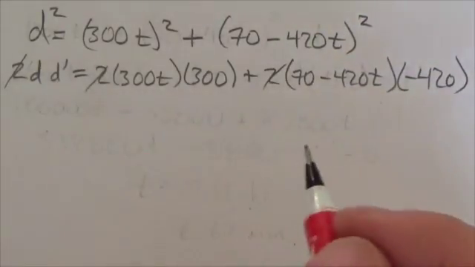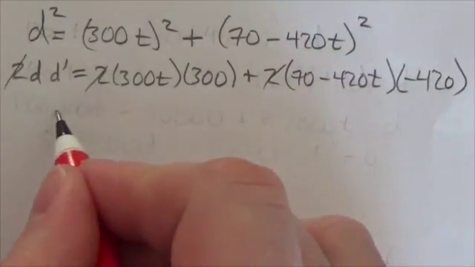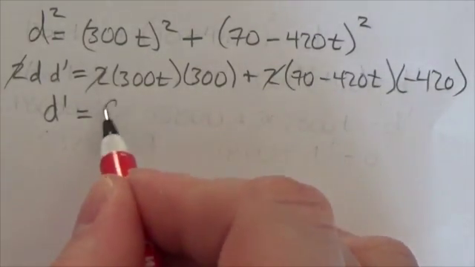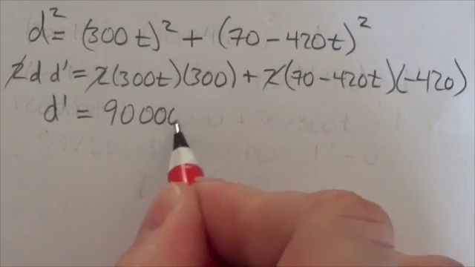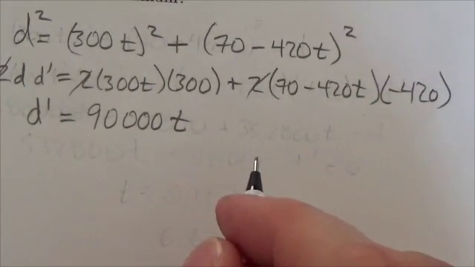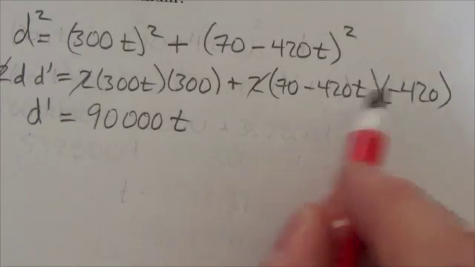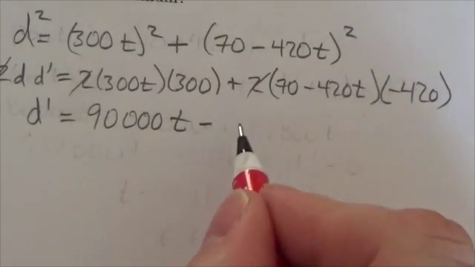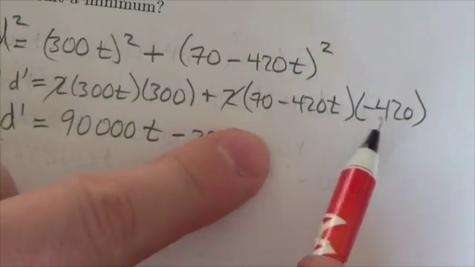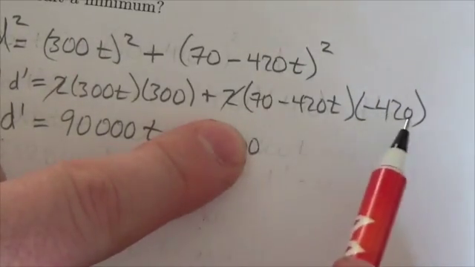So I will get that d prime is going to equal 90,000t, and then I'm going to get 70 times 420, that'll be negative 29,400. That's just the 70 multiplied by the negative 420 here.